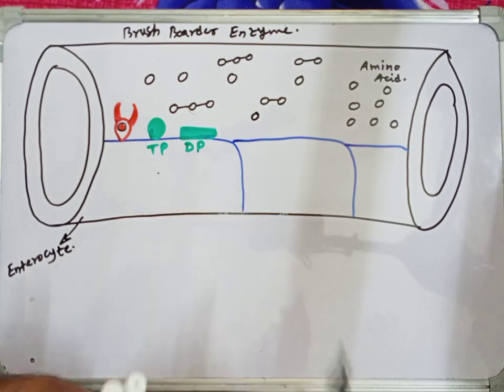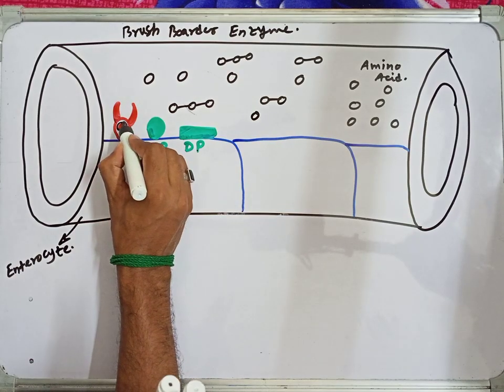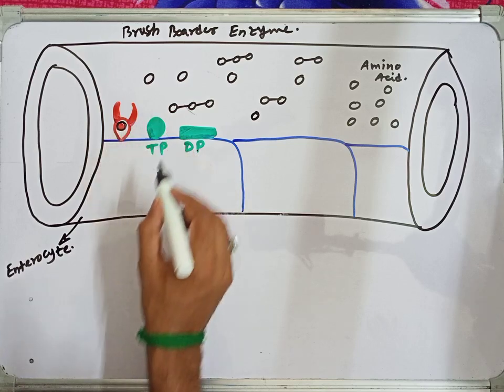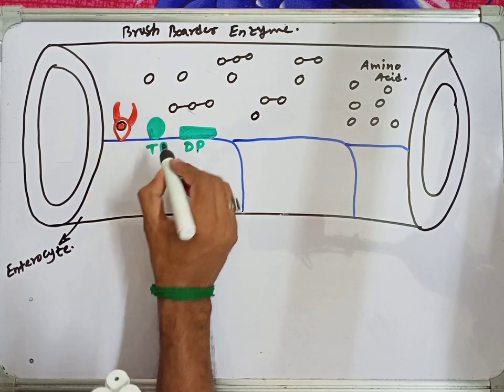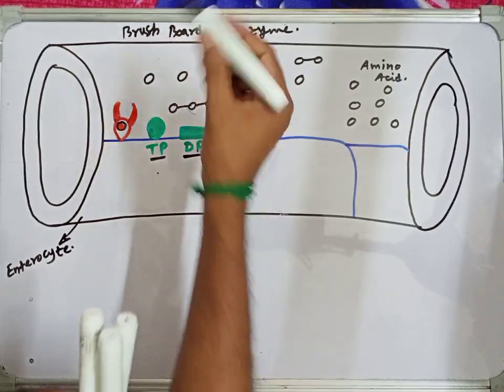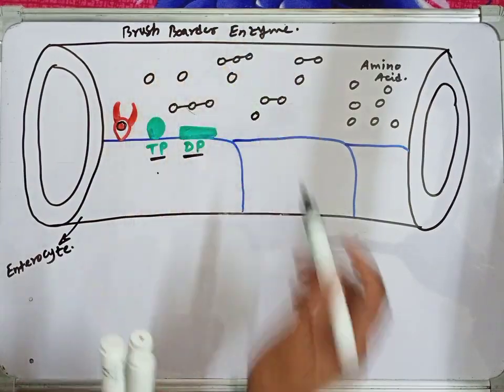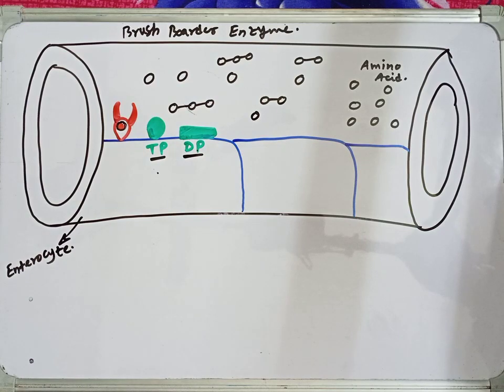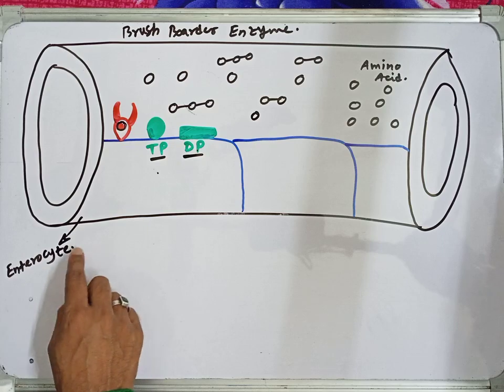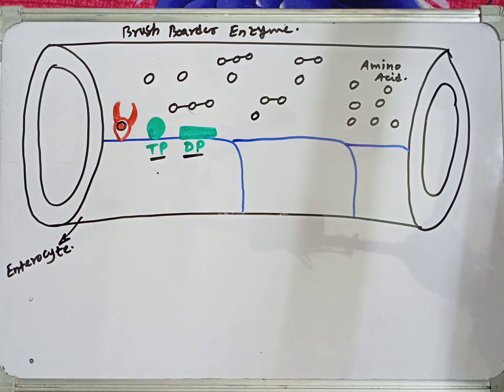I hope you understand me. Enterokinase, which is the product of the enterocyte, and tripeptidase and dipeptidase are also called brush border enzymes, and these brush border enzymes are present on the enterocyte, the cell of the small intestine.